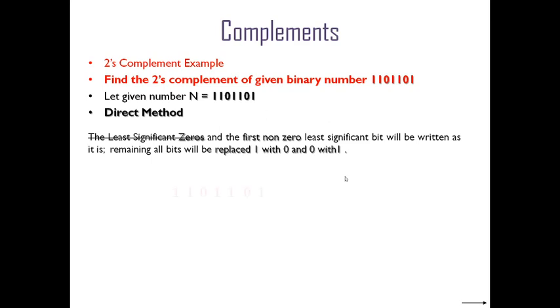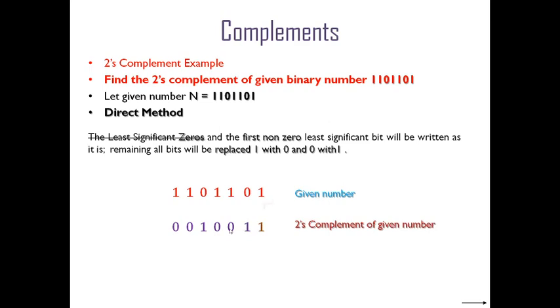So like this, these are the given binary number, and this is the first 1, that is the least significant non-zero 1, written as it is. For the remaining bits, wherever there is 0 we put 1, and wherever there is 1 we put 0. So like this we will get the 2's complement.